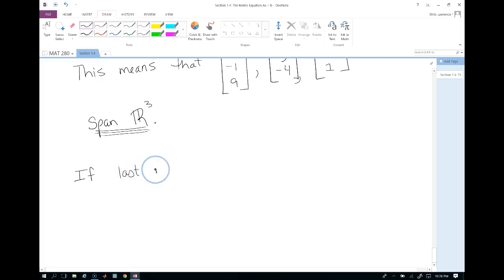So if our last row was 0, 0, 0, star, then the system would only be consistent if the star was equal to 0.